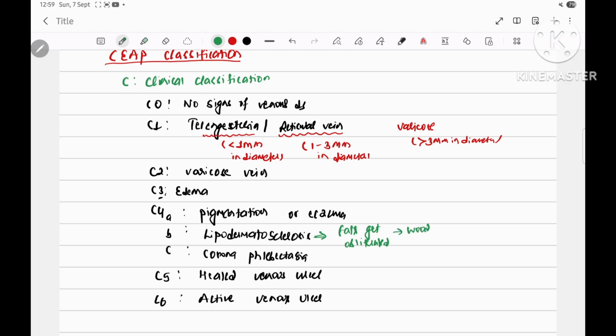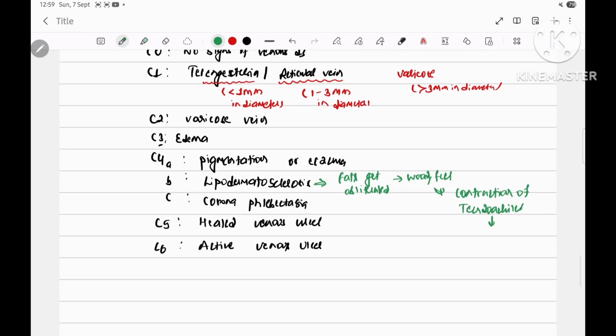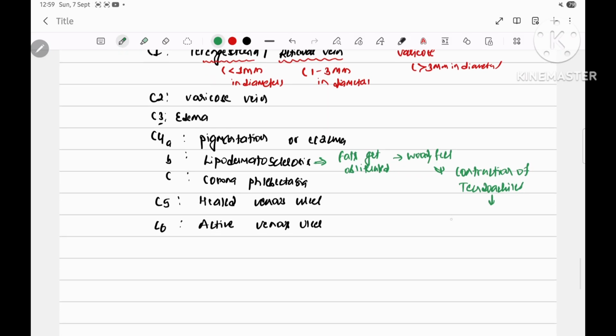This woody film signifies that due to the obliteration of the fat, there is contraction of the tendo Achilles, and due to the contraction of the tendo Achilles, the shape of the leg looks like this.